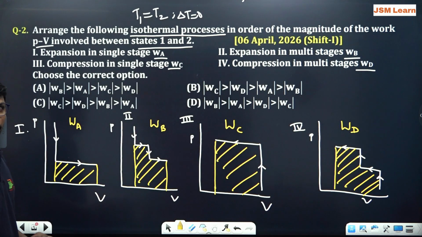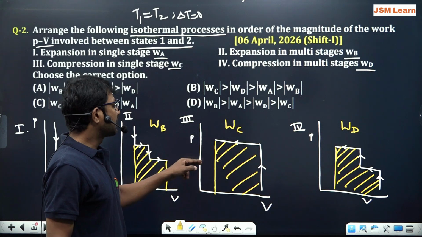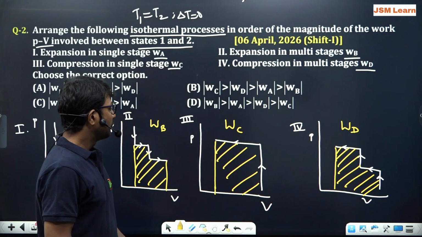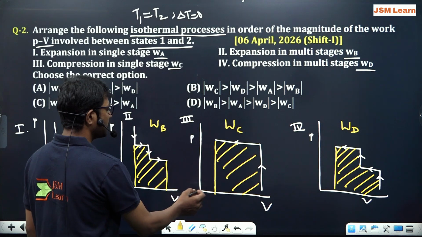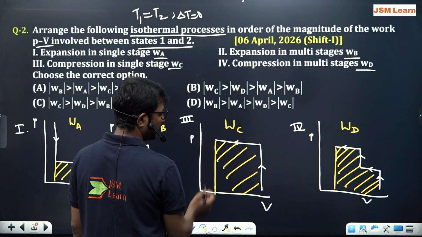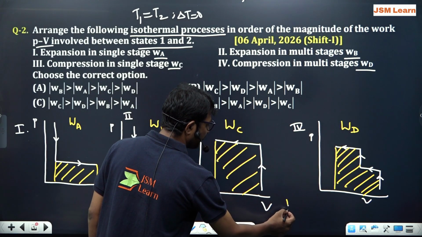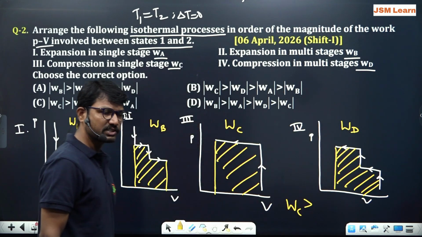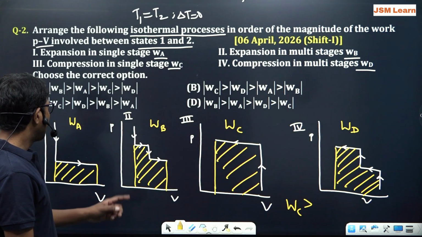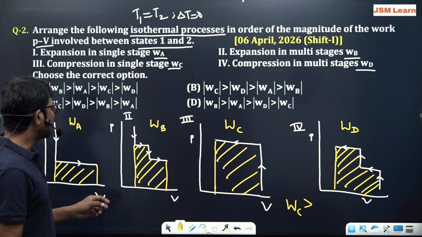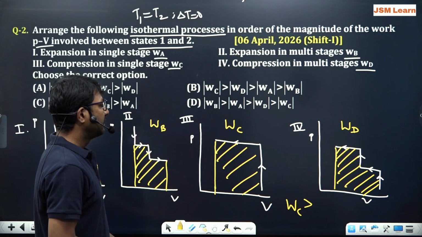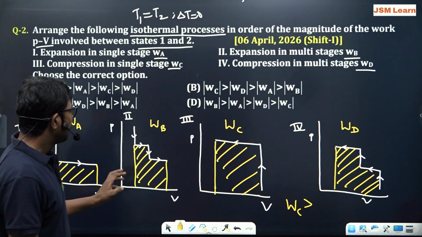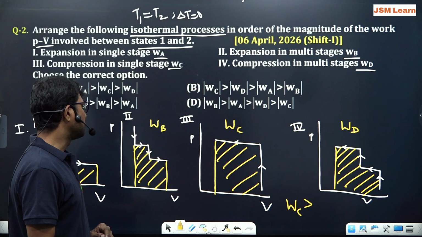Where the area covered under the graph is higher, the work done will be higher. So in WC we can see excess work done in this process. Here I am writing WC is going to be very large in magnitude. Afterwards you can come across WB and WD. By looking at the graph itself you can easily identify where the work done is maximum.